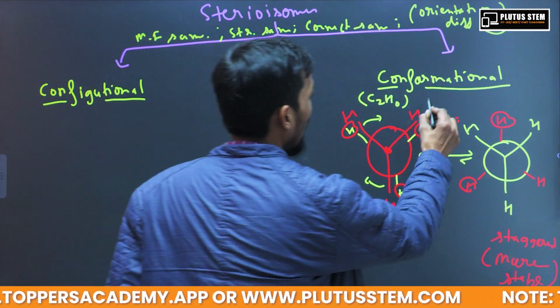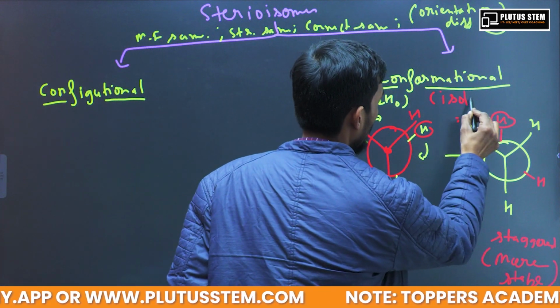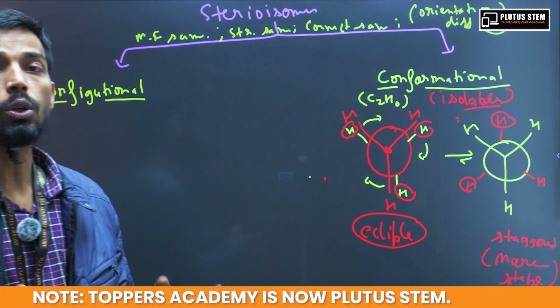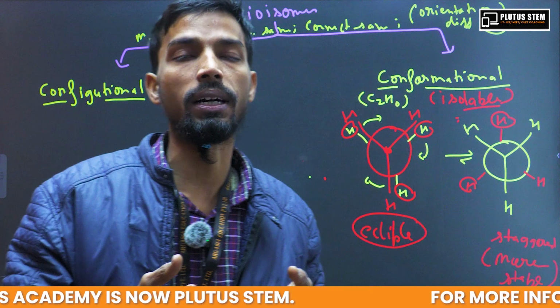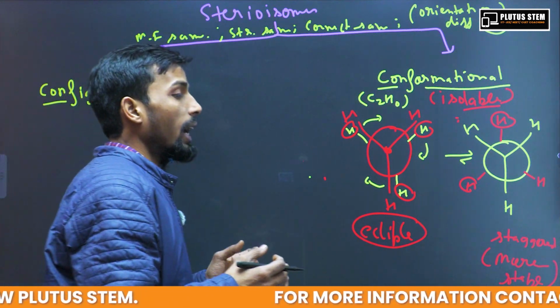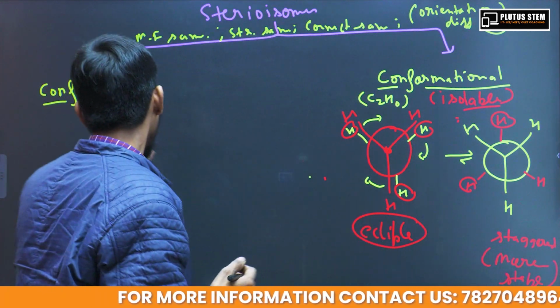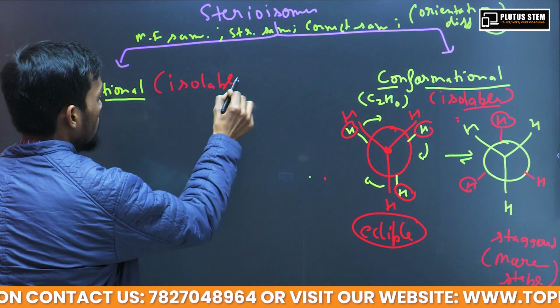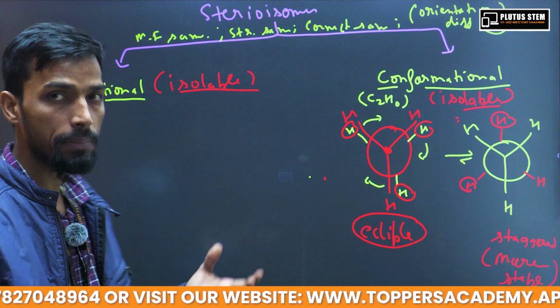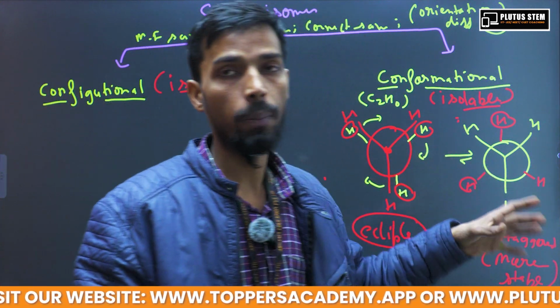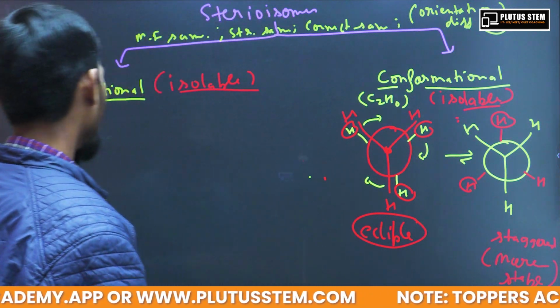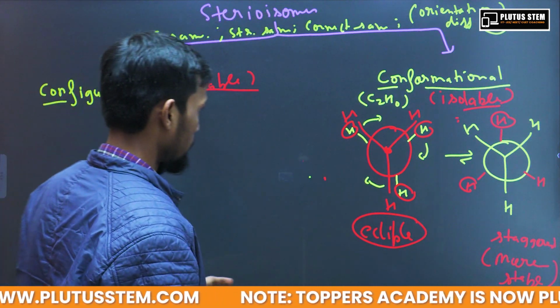And generally these are not isolable, which means it is not quite easy to isolate these different isomers. We cannot isolate these conformational isomers, but the configurational isomers are isolable. It means we can isolate them and have them separately. Generally conformers cannot be isolated, because there is rotation around a single bond.